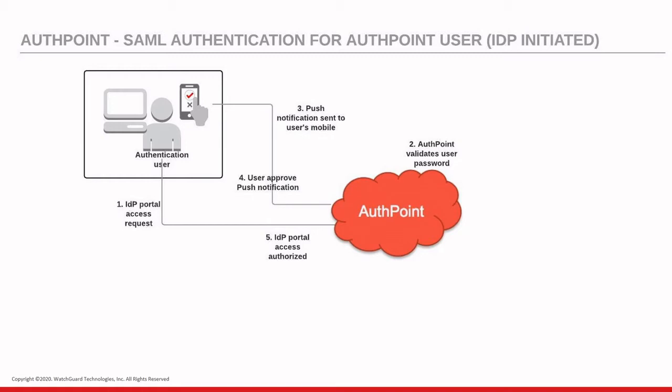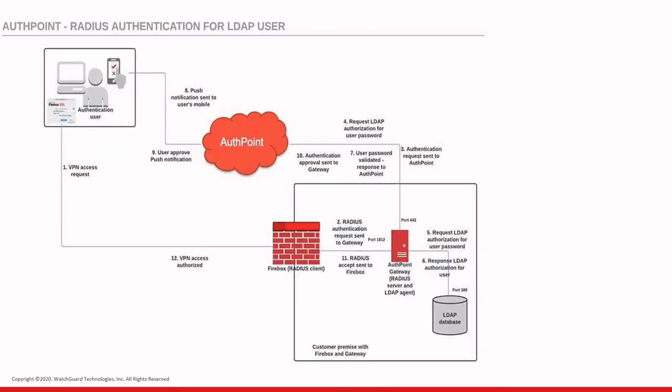Great. Now let's take a more detailed, sophisticated example. In this example, we are talking about an end user that is trying to establish an SSL VPN connection, and it's protected using AuthPoint multi-factor authentication.